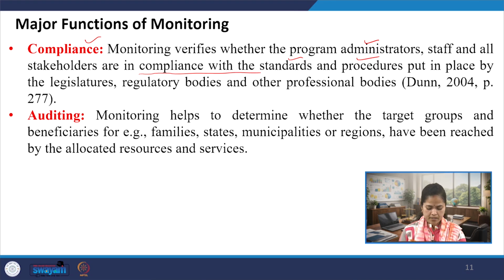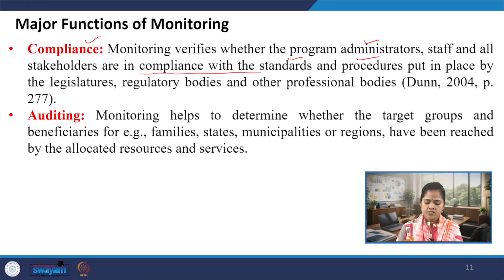Likewise, in auditing we also highlight some specific activities. Auditing is a systematic and independent examination of a particular agency's or organization's records. Largely in common discussion, we emphasize financial records, processes or operations, okay.